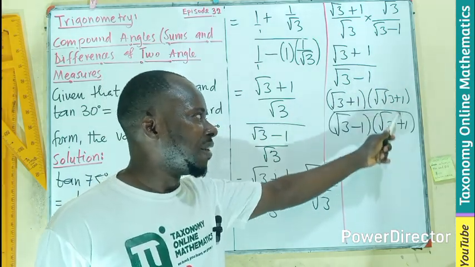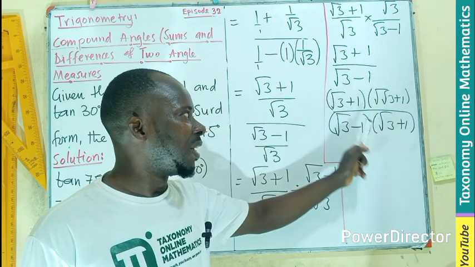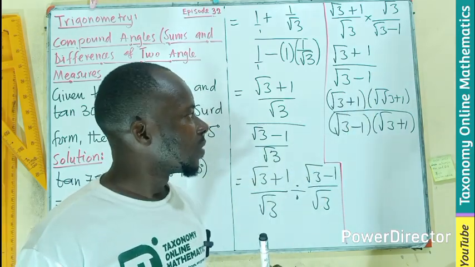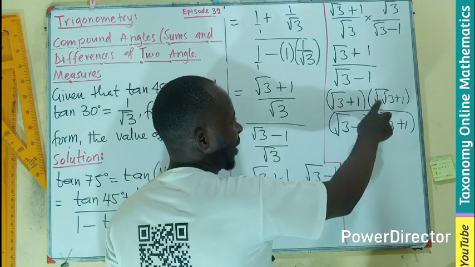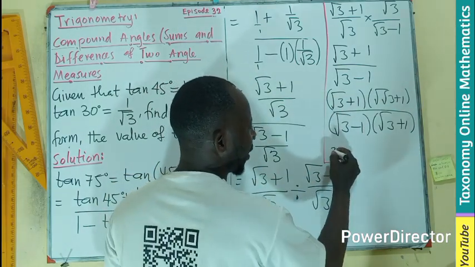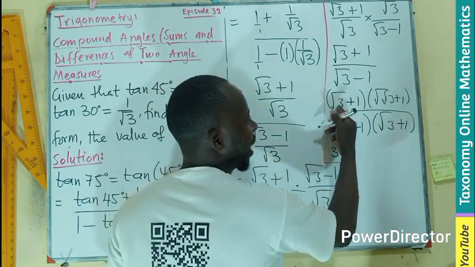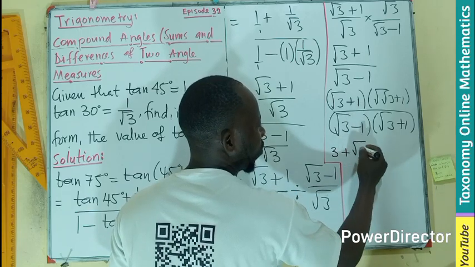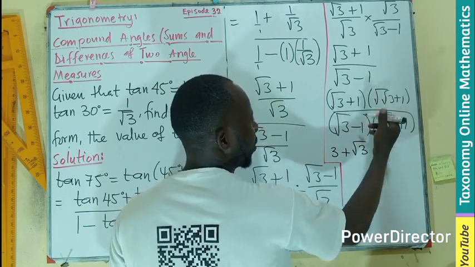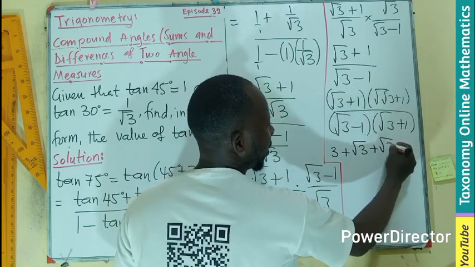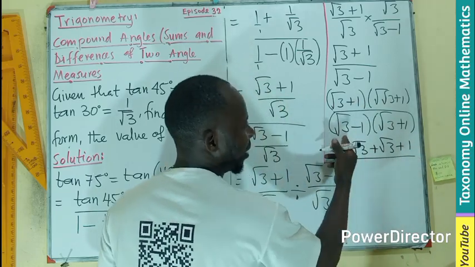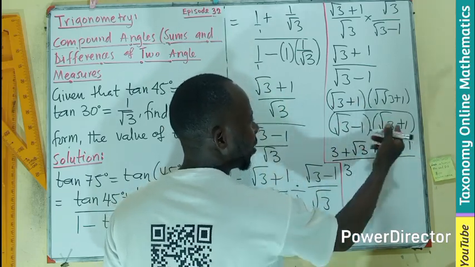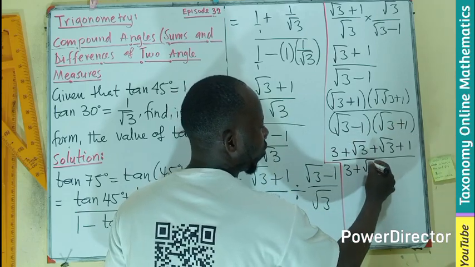So you can see this is divided by this, I can cancel it easily, come back to the original state. Now, how do we multiply this? This is root 3 times root 3. That will give you only 3. Root 3 times 1, that is plus root 3. 1 times root 3, that is root 3. 1 times 1, 1. Divided by the same thing will be 3 plus the root of 3.